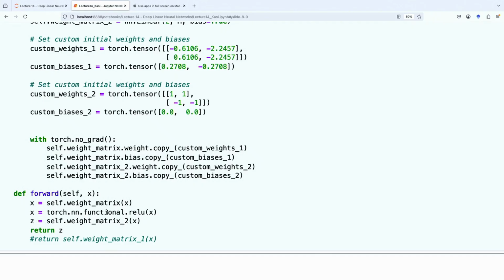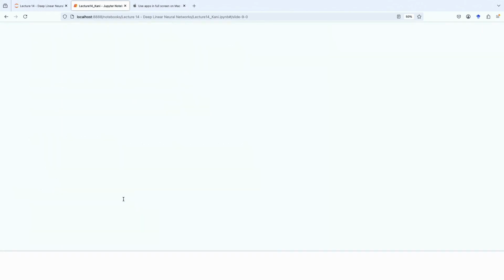ReLU is a particular activation function. An activation function is simply a nonlinear function that takes in a particular input and maps it to a particular output. Now the question is, why did I do this? Why did I separate the first layer from the second layer by a particular activation function? So let me answer that right now.